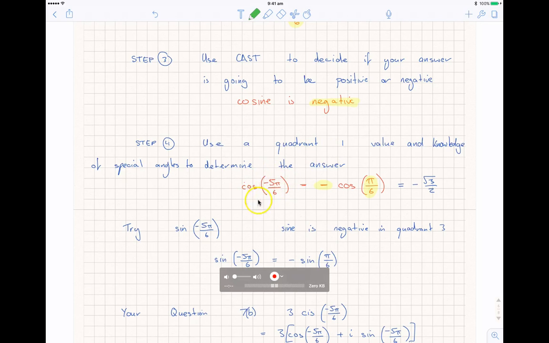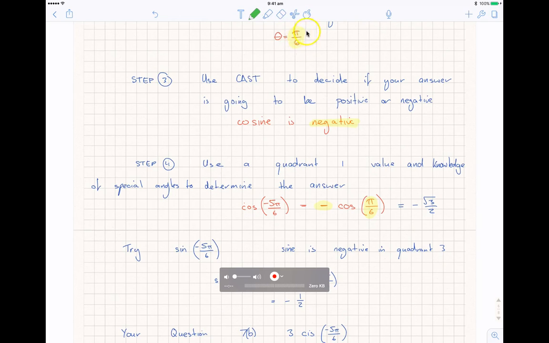So we're finding cos of minus 5 pi on 6. And we know what cos of pi on 6 is, because remember that's the acute angle that we determined. And we know it's going to be negative of cos of pi on 6. So cos of pi on 6 from our little table, we know that that's square root of 3 on 2. So that's where the negative comes in there as well.